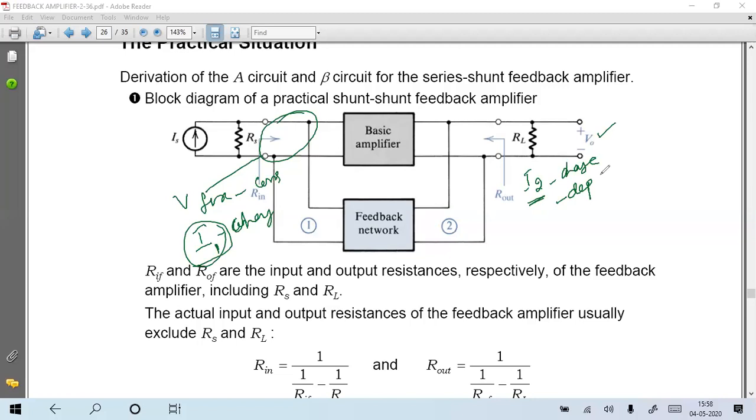Now on the input side I1 is a dependent parameter, and on the output side the current is also dependent, because of the parallel nature. So which parameter is related with these two dependent parameters? The admittance parameters: I1 equals Y11 V1 plus Y12 V2, I2 equals Y21 V1 plus Y22 V2. Correct?